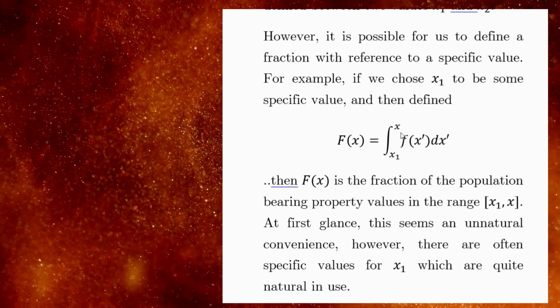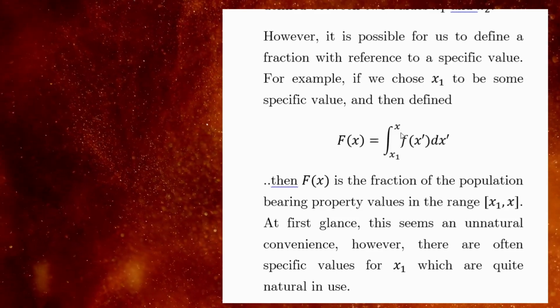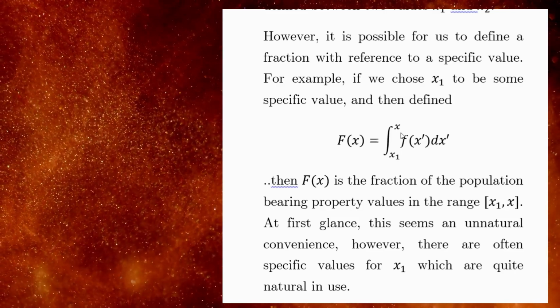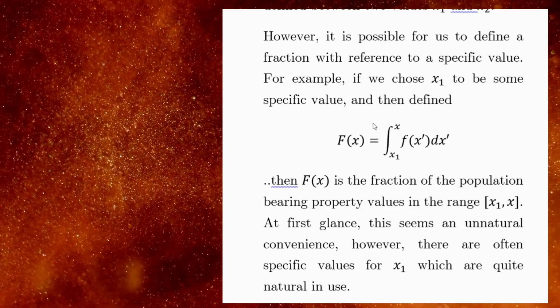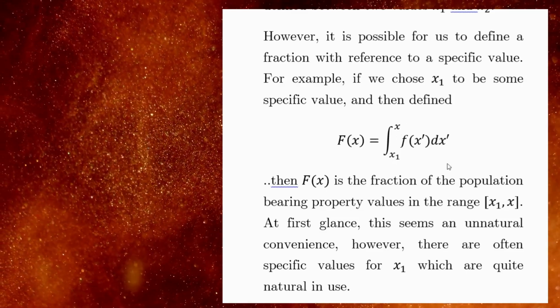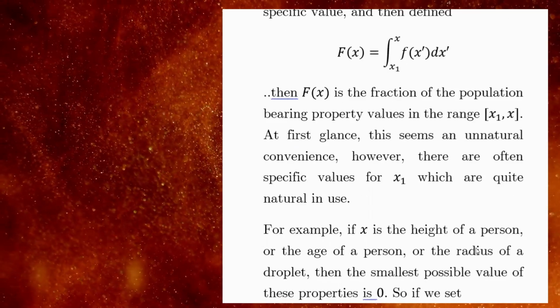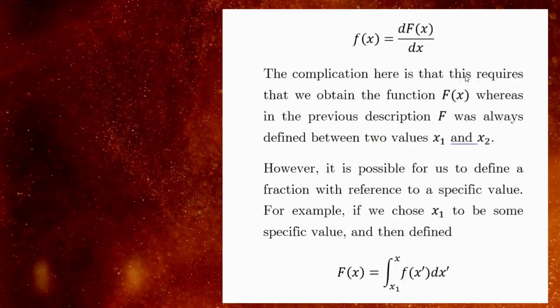We can imagine many real-world cases where we want to know what's the fraction of people having at least this age. So that is an intuitive and an easy to understand concept if we have a property that has a minimum value of 0, for example.